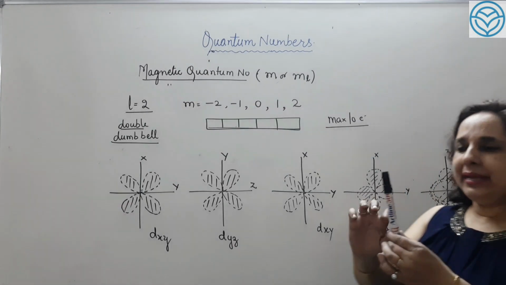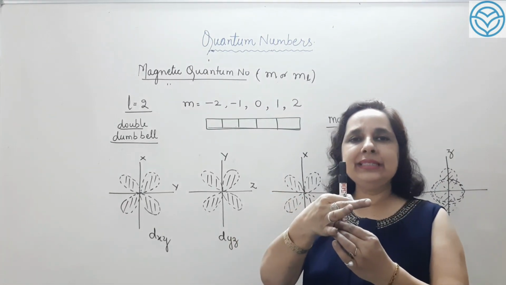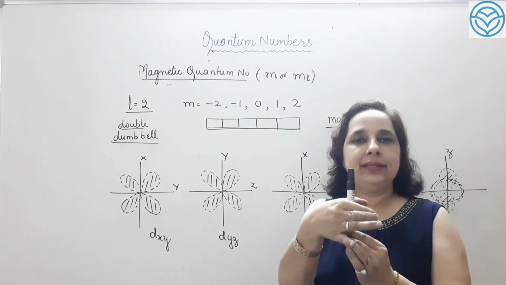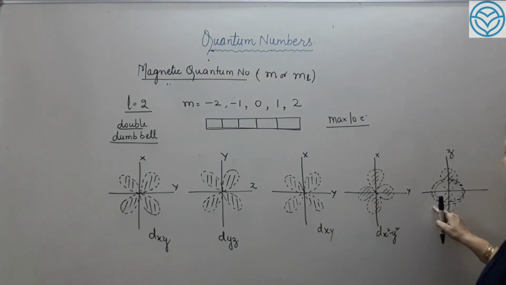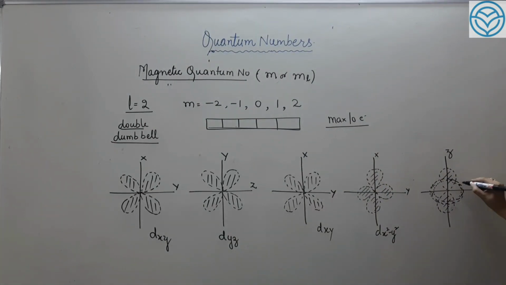It means a dumbbell like this, and then an electron ring there in three dimensions on the xy plane, that is dz square. This dz square has an electron ring or cloud in the xy plane.